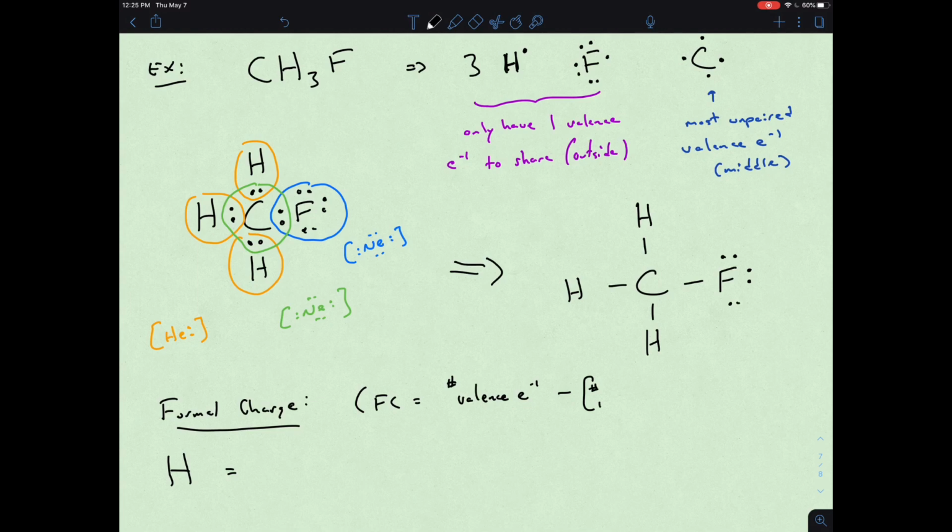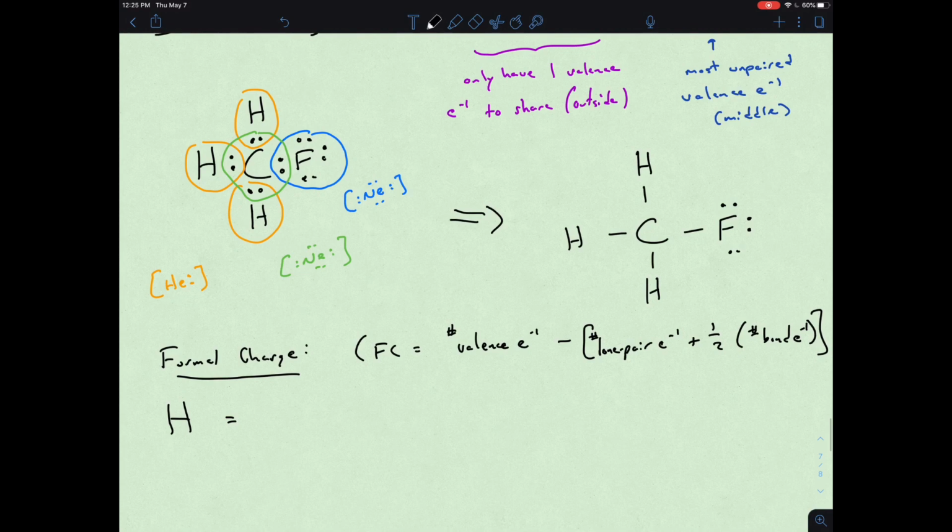So we have lone pair electrons plus then 1/2 our bonding electrons. So our hydrogen has one valence electron. If we go into the brackets, it has no electrons as lone pairs. And then in terms of a bond, it has one bond, which is a sharing of 2 electrons, and we get a formal charge for the hydrogen equal to 0.